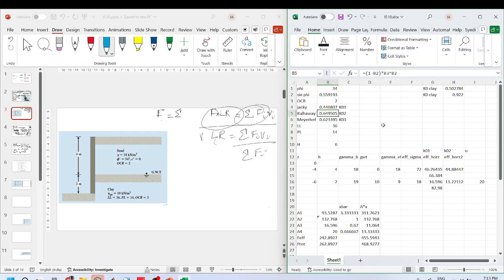So here in this case, sine phi was already around 0.5.